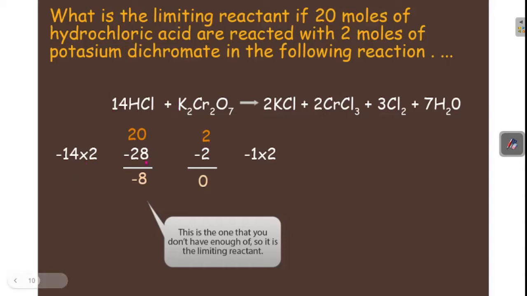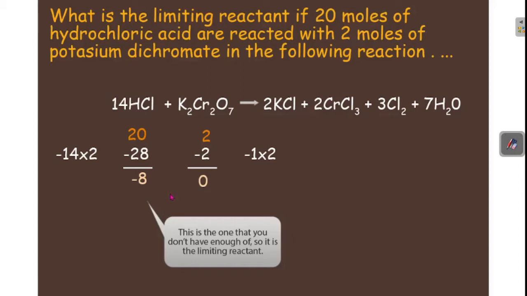2 will be 28. Now you are short 8 moles for the whole potassium dichromate to be able to be used up. If you want to use all of it, you need 28 and you don't have them. So the hydrochloric acid continues to be your limiting reactant. I hope this makes sense.